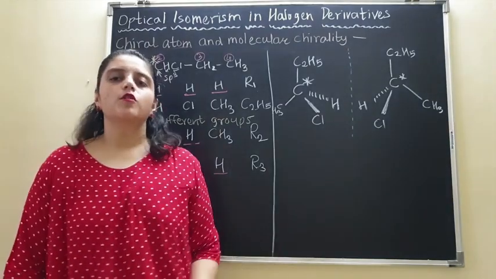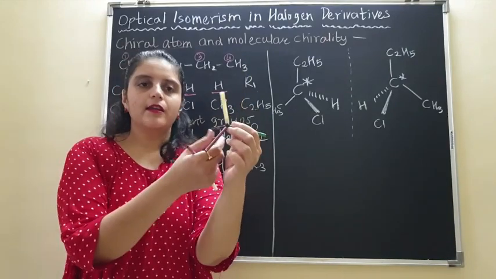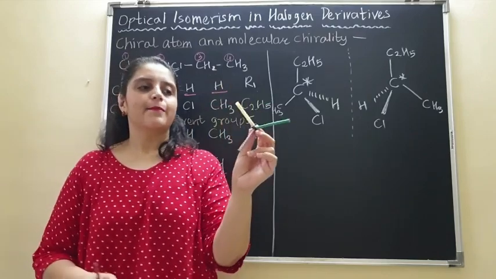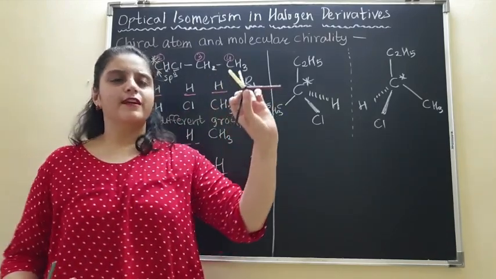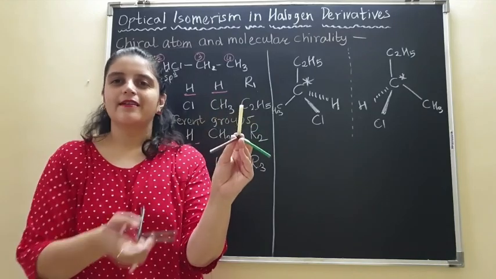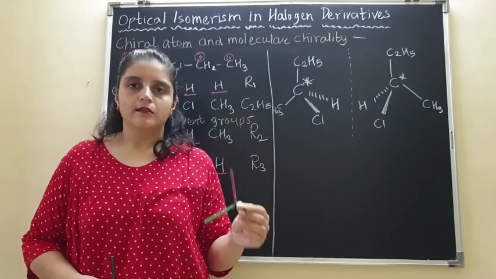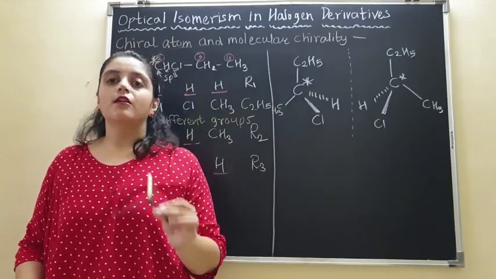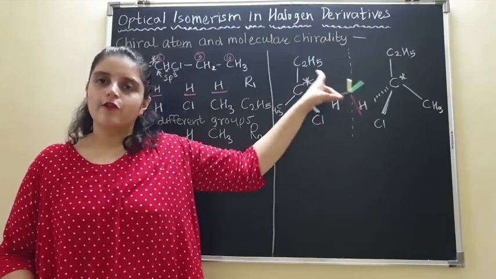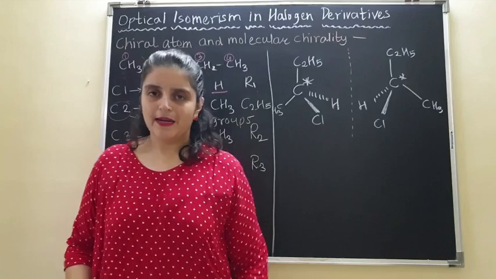If you cannot do so, I also have got a model. If you look at this structure, if you assume this central atom to be the carbon atom, and there are 4 different colors attached to this: white, green, then the pink or red, whatever you call, and the black color. So there are 4 different colors. So assume these 4 different colors to be 4 different bonds like this. Here also all 4 different bonds. So similarly 4 different colors around the carbon atom.